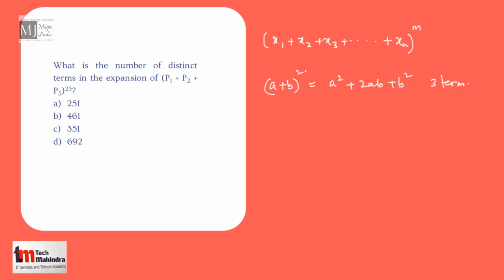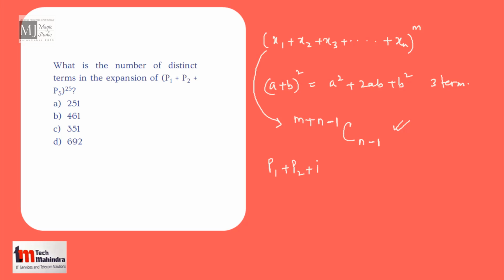Similarly, if it is not a binomial expansion and there are many individual variables inside this expression and the power is not 2 but m, then the number of distinct terms would be m plus n minus 1 C n minus 1, where n is the number of variables. We'll make use of this formula to find the number of distinct terms in this expansion.